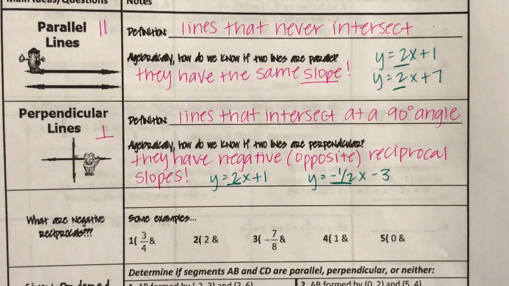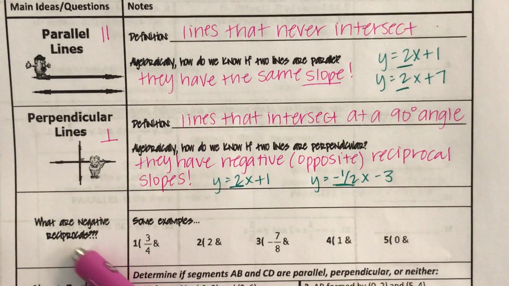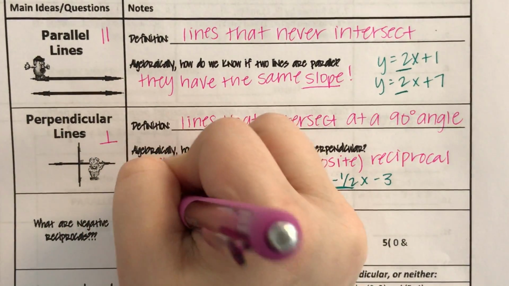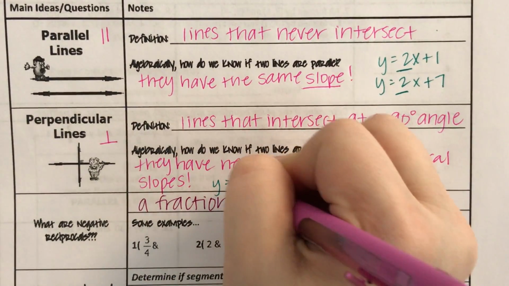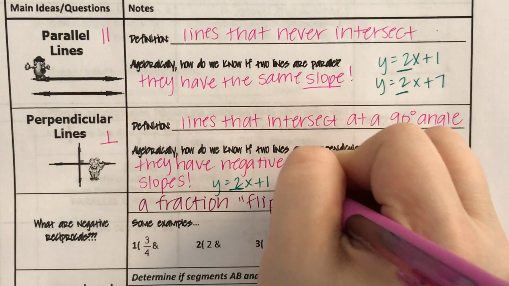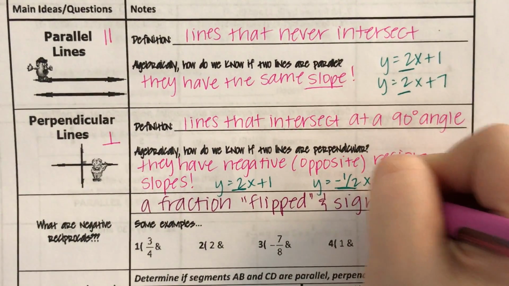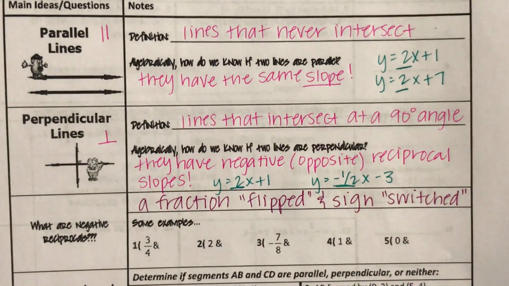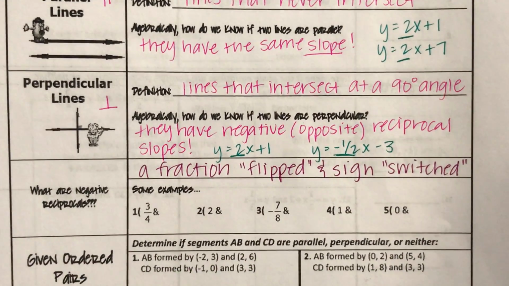So that's how you make a reciprocal. All right? So what are negative reciprocals? Well, a fraction flipped and sign switched. So if it was positive, it is now negative, and if it was a whole number, it is now a fraction. Okay, I think we know what reciprocals are, at least I hope so.